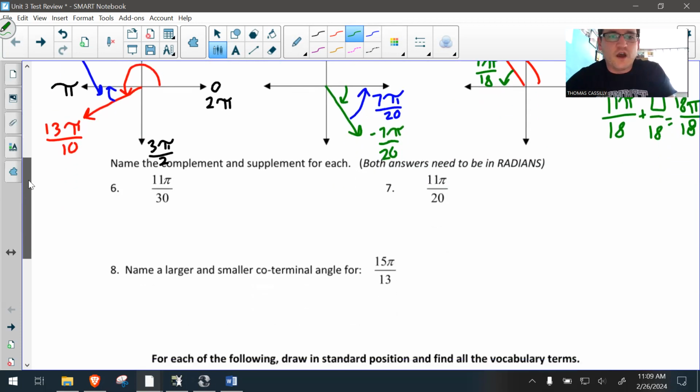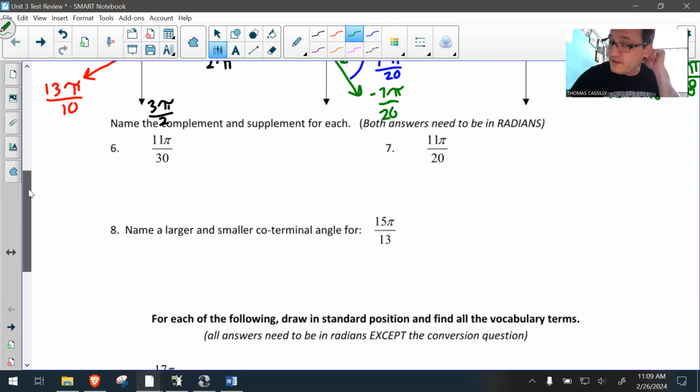Now they want us to name the complement and supplement of each. So, all right, the complement gets us to 90 degrees. So think pi over 2 is kind of our 90-degree angle. So we're trying to get halfway to 30. So you got to think, okay, what is half of 30?